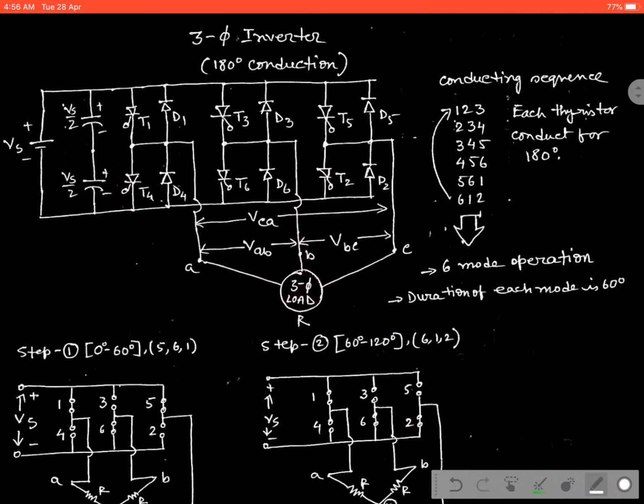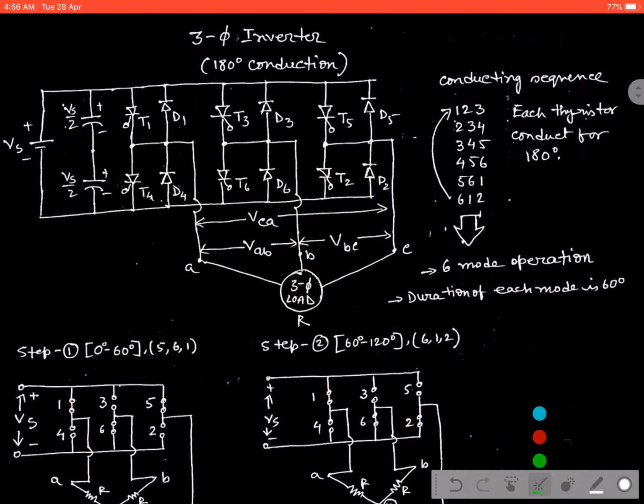This is the circuit diagram, which comprises 6 switches T1, T2, T3, T4, T5, T6 and 6 diodes D1, D2, D3, D4, D5 and D6 connected back to back to the switches respectively.